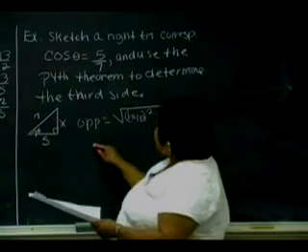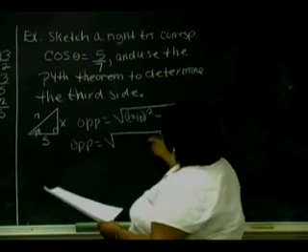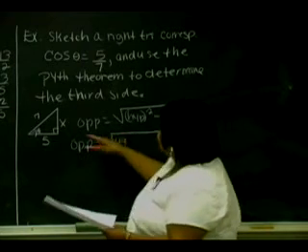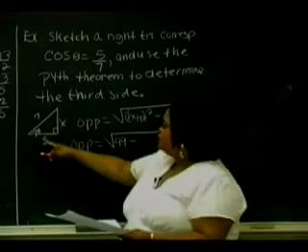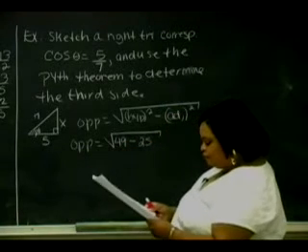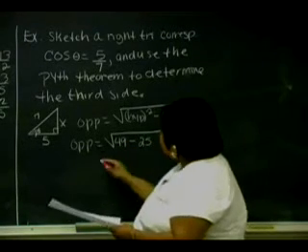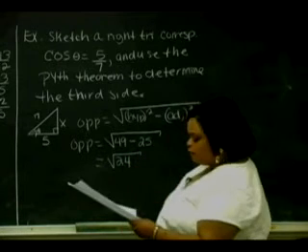So what do we have? The opposite is hypotenuse squared, 7 squared, 49, minus the adjacent squared. The adjacent is 5, so 5 squared is 25. So this gives me the square root of 24.